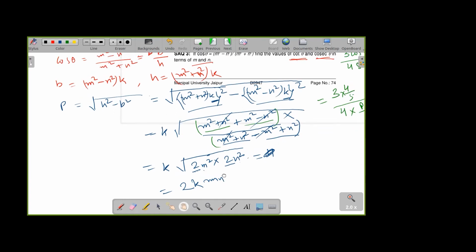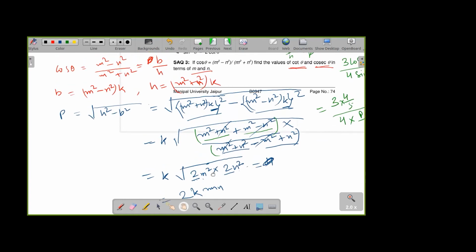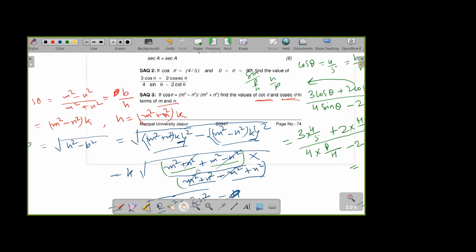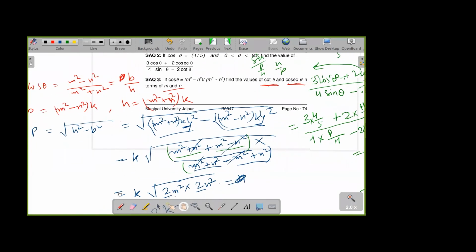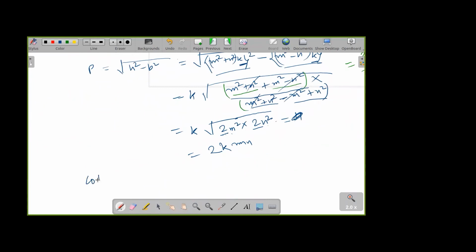So we have found out p, b, h. Now we have to find just cot and cosec. Cot is what? b by p.